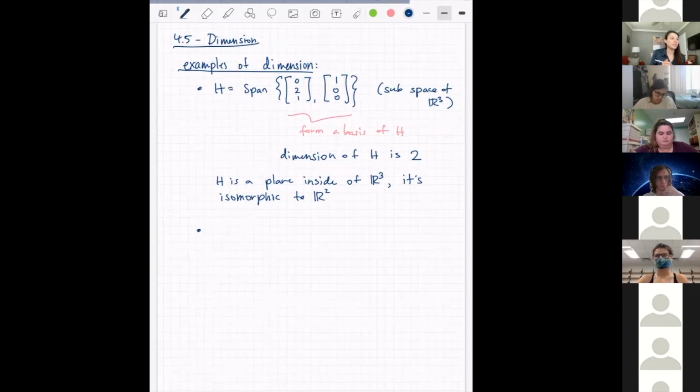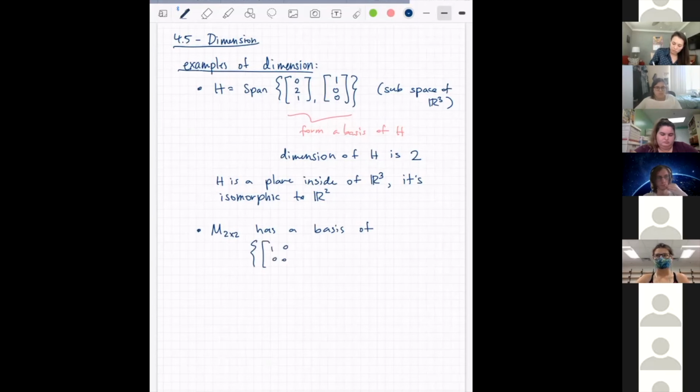So that's one example of a two-dimensional vector space. We could also look at the collection of 2x2 matrices, right? And this has a basis, we could just write these down.